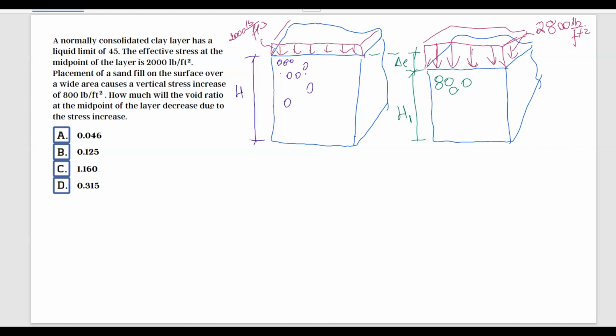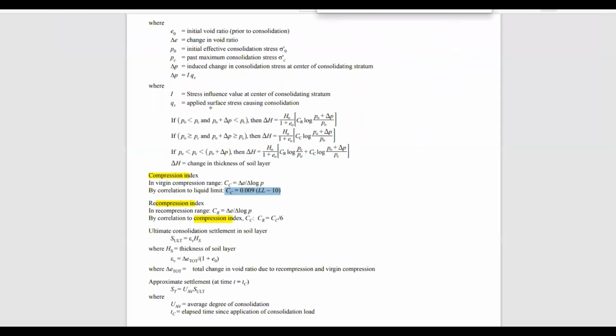We know from the previous problem that we have calculated the compression index, and we found that it is equal to 0.315. Now I would go back to the FE handbook and look at how I can calculate the change in void ratio.